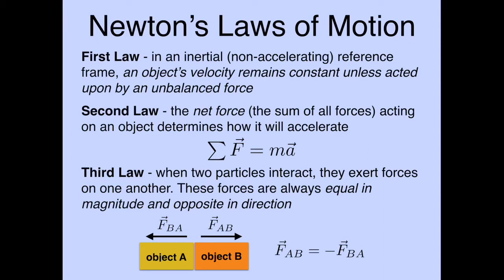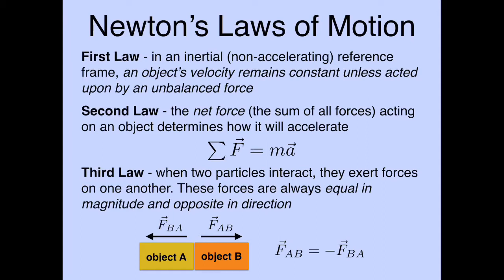On the other hand, you have a force that object A exerts on object B, that's the force going to the right. So Newton's third law says that you're always going to have both of these forces present at the same time. Whenever object A interacts with object B, you're going to have these equal but opposite forces. So you see how the forces are pointing in the opposite direction. That's the opposite statement.